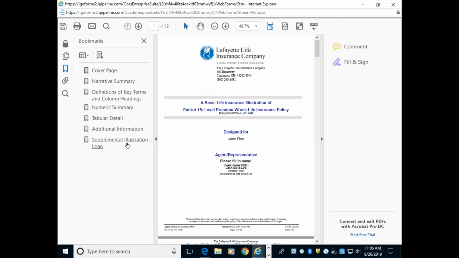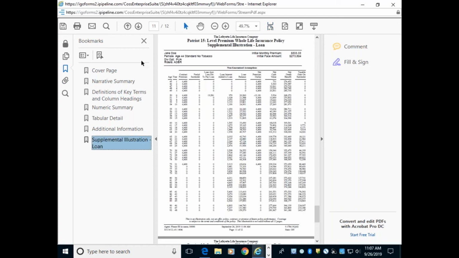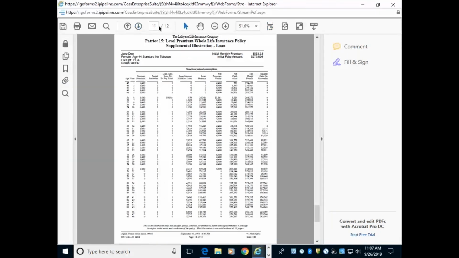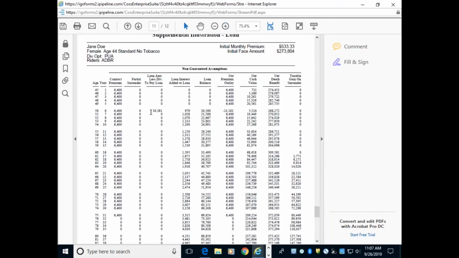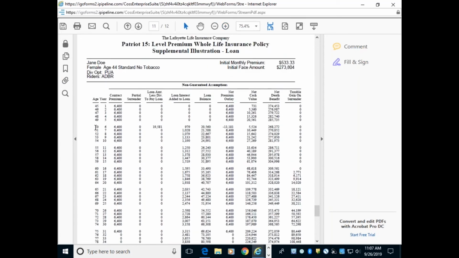Maybe there's not enough cash value, or the parameters you entered are incorrect. So I'm just going to go straight to the Supplemental Illustration Loan page and increase this up a little bit. This tells us that at age 50, the client can receive a max payout of $19,581.